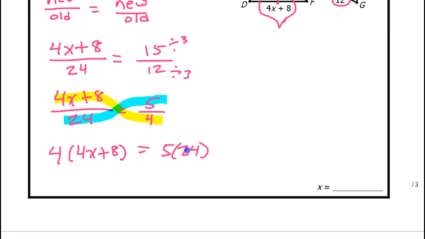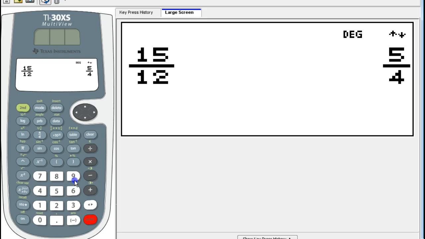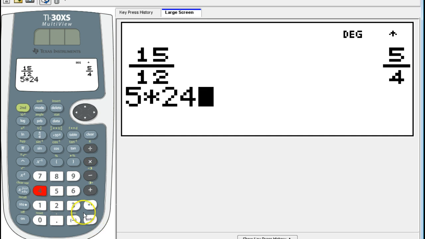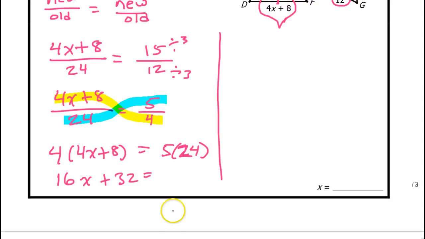That looks like a z, but okay. I think I'm going to bring the work up over here. I can fit one more step down here. So this will be 16x plus 32 equals 120.